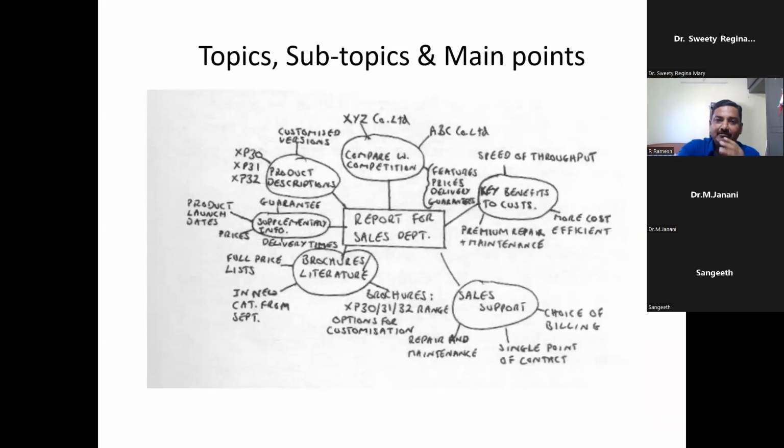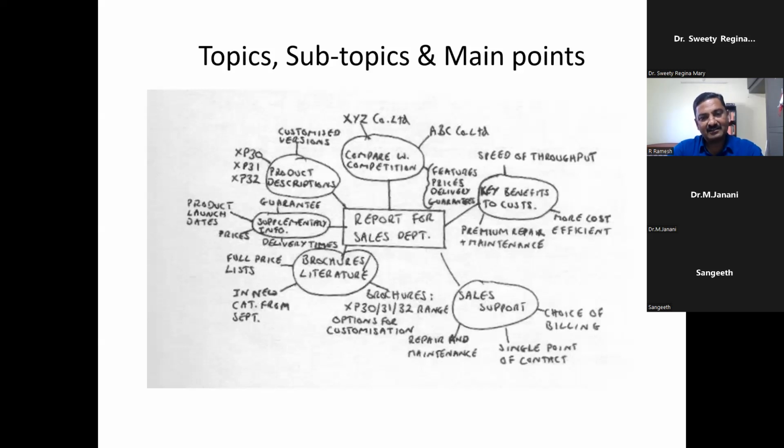And for that, we may have to have several topics, subtopics, main points. Maybe you discussed mind mapping in yesterday's session. So you may have to do a lot of mind mapping to understand what can be the topic, subtopic, main topic.